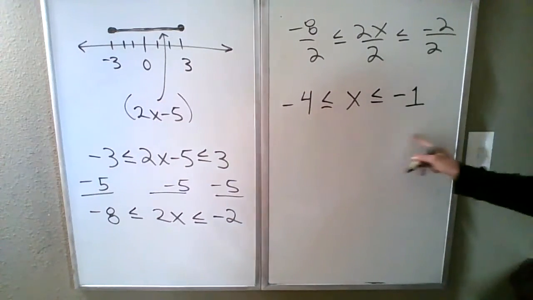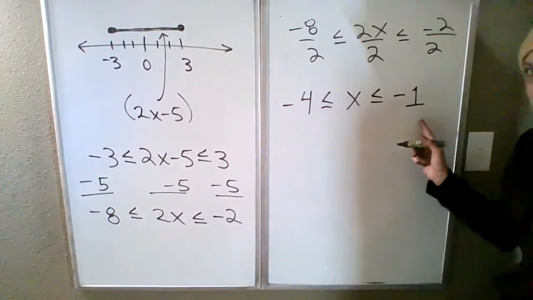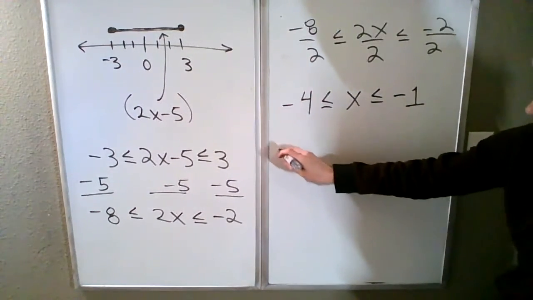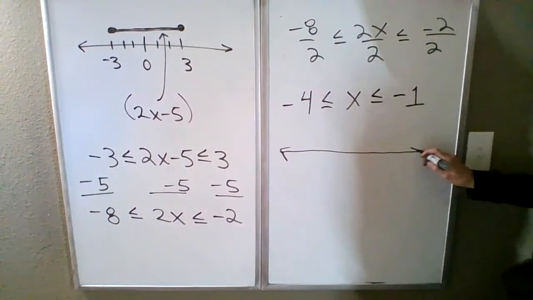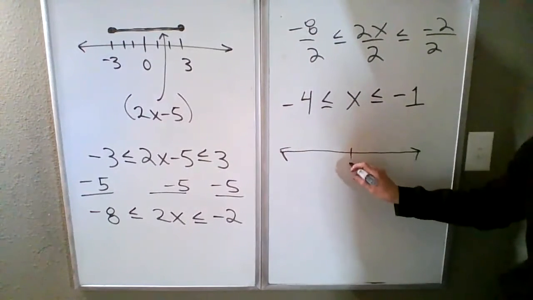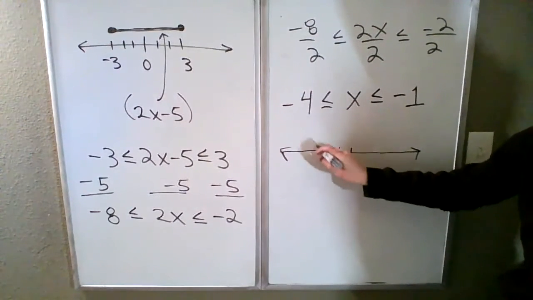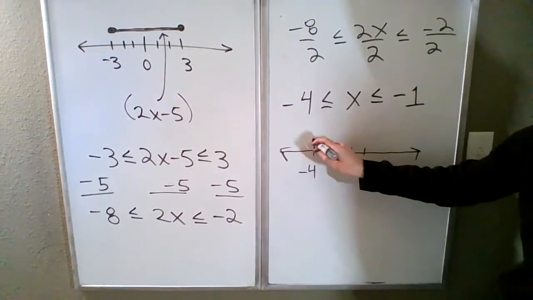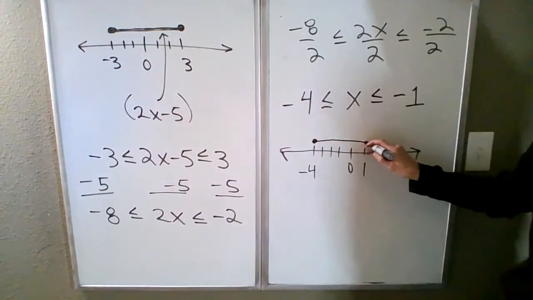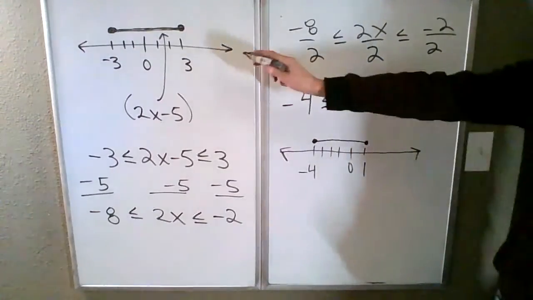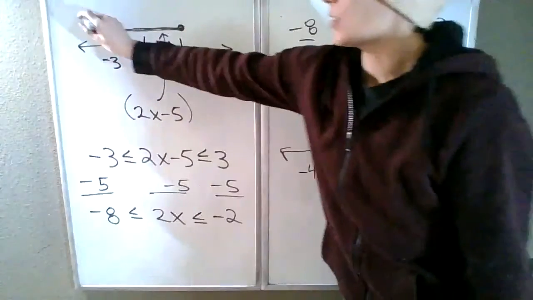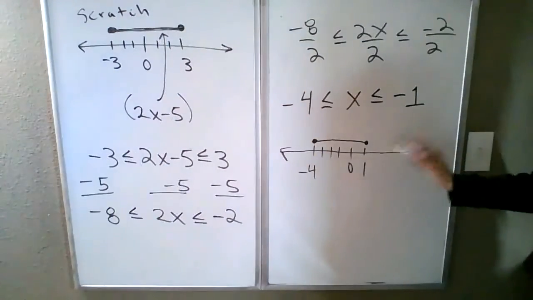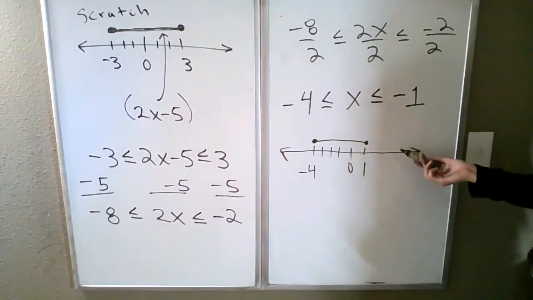So that would be one way to answer as an algebraic statement. Or you can draw a graph. So the graph of solutions is going to be between -4 and +1, including both ends. So this graph isn't the solution. This is just like scratch work. This part would be how you can answer the problem.